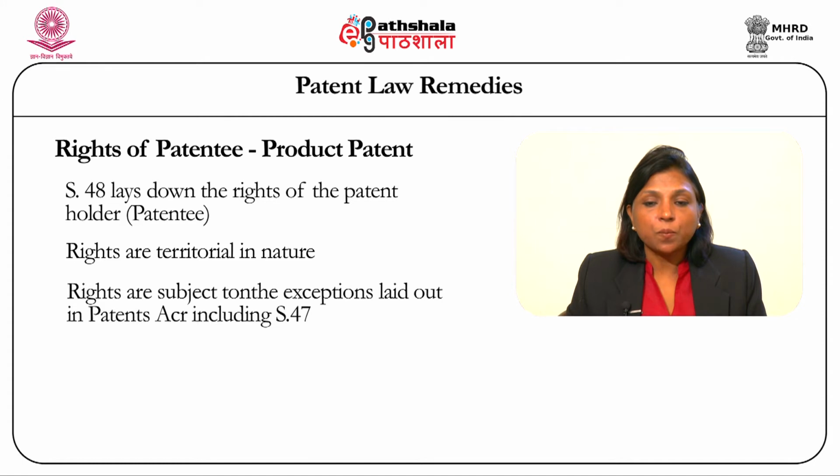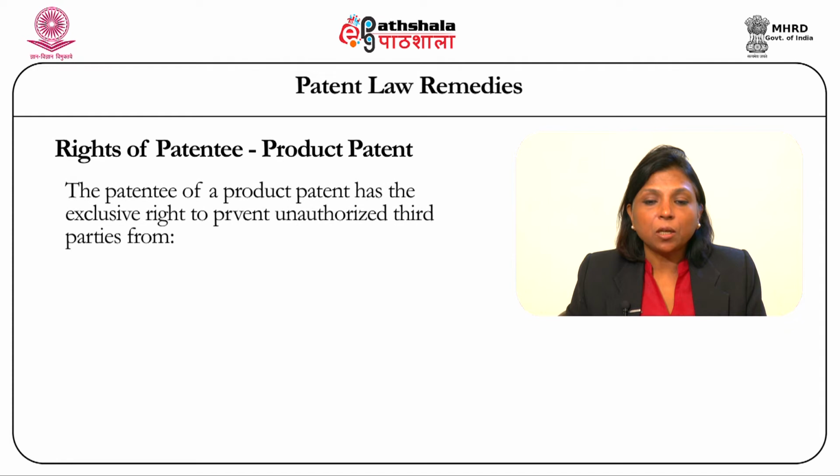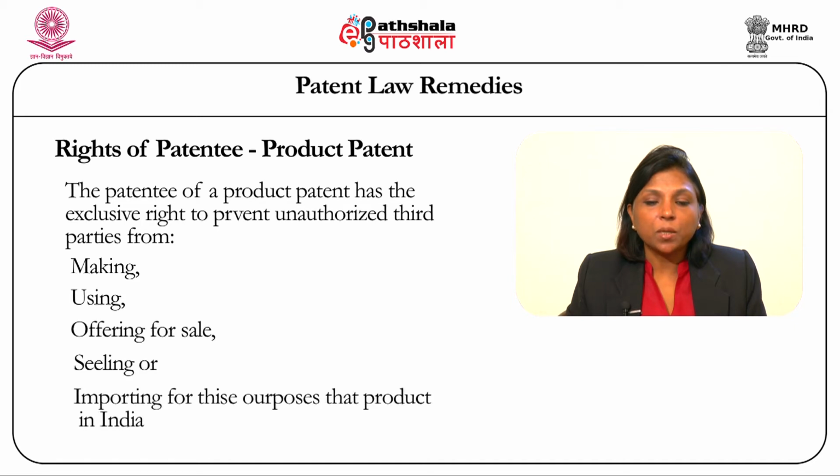The rights are subject to the exceptions laid out in the various sections, including Section 47 and 49 of the Patents Act. The patentee of a product patent has the exclusive right to prevent unauthorized third parties from making, using, offering for sale, selling or importing for those purposes that particular product into India.